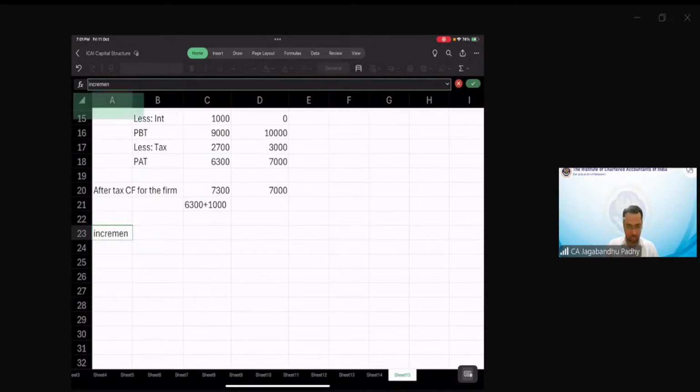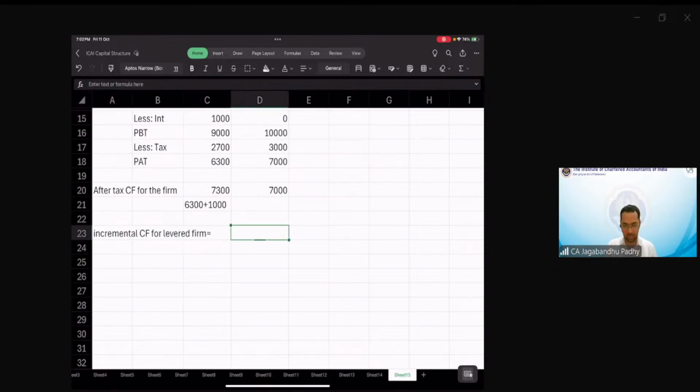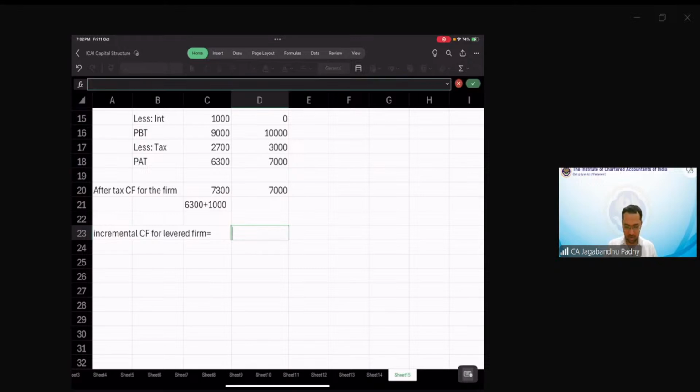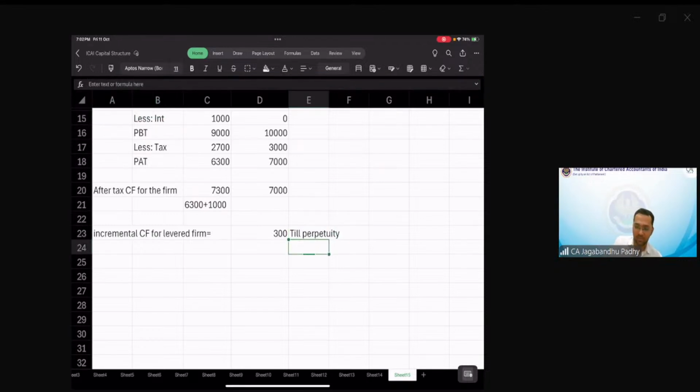So the incremental cash flow for the levered firm, can I say it is 300 till perpetuity? Incremental cash flow is 300 till perpetuity.